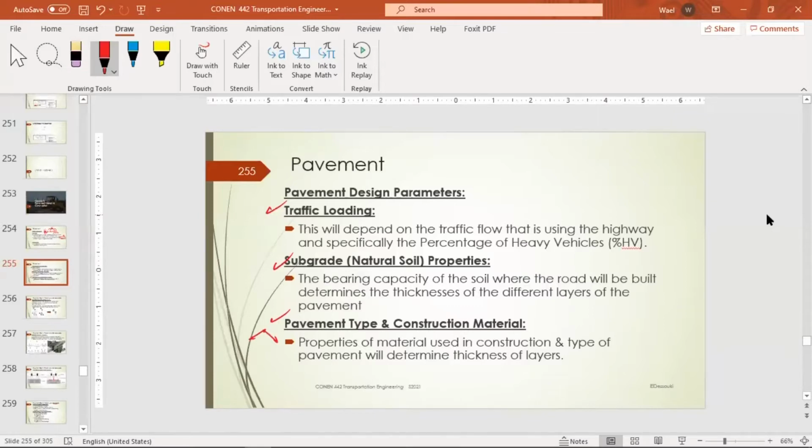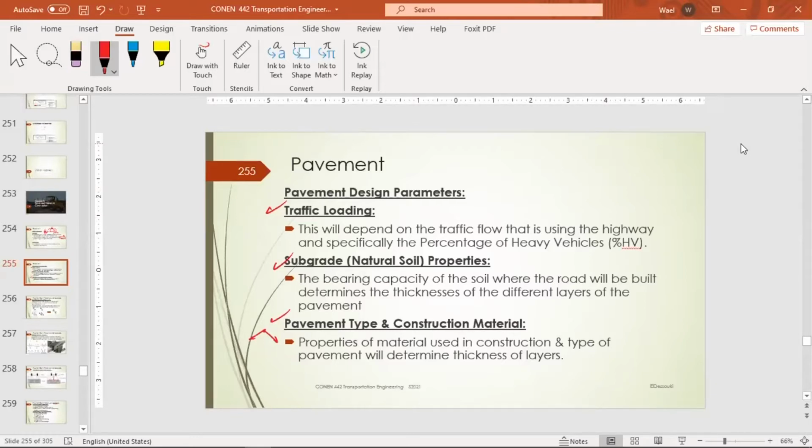So regarding the traffic loading, that depends on the type of traffic flow that goes in. For example, if we are designing a highway that is connecting a seaport or something, this highway is going to have a high percentage of heavy vehicles and trucks.